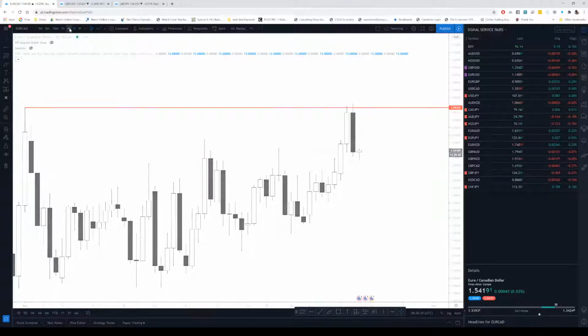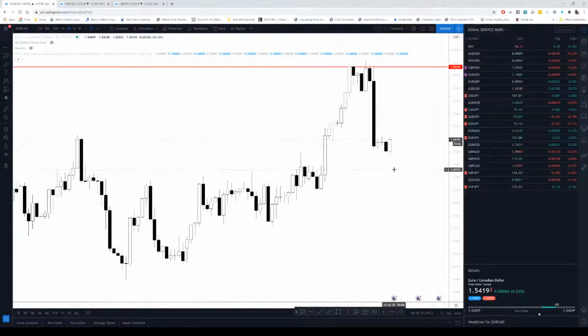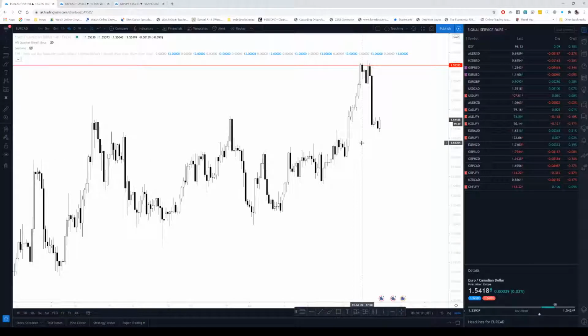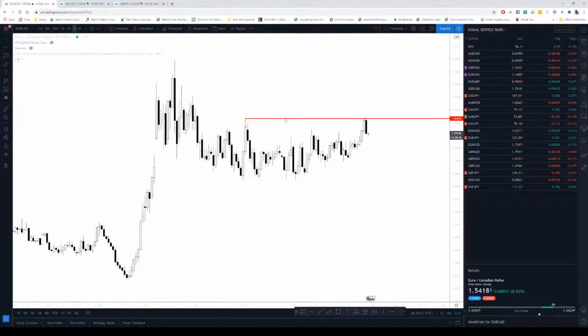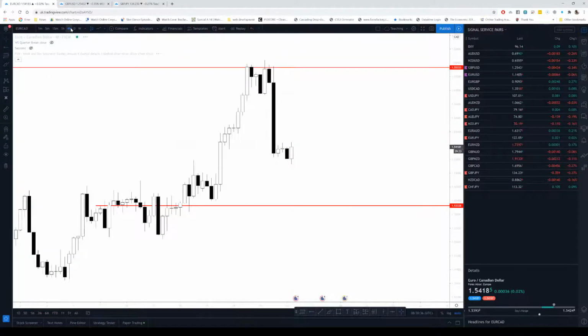Let's have a look on the 4-hour. I have another strategy I use, and based on that strategy, if I'm right, we could potentially see price at least come back down here.